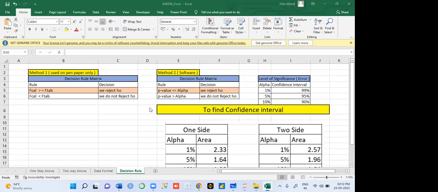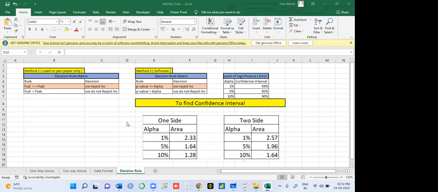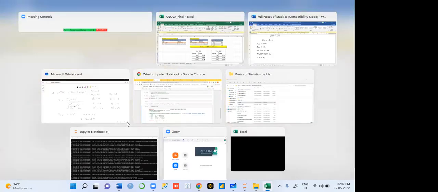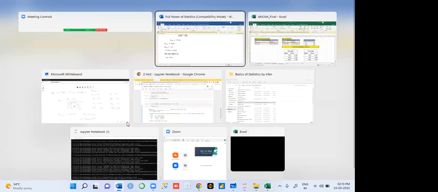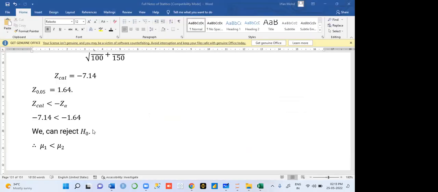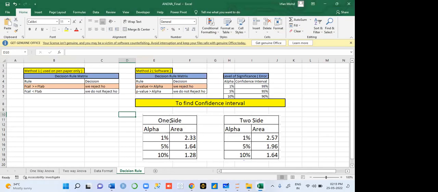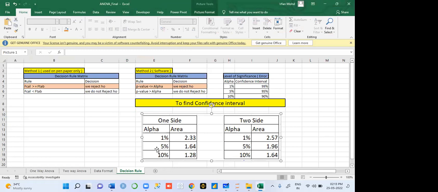Anisha, just cross-check the calculation. Now guys, is it one tail or two tail? It's one tail. What is the alpha value? 0.05. Now if you can see the screen, here we have one tail, meaning one-sided, alpha 5%. What is the value? 1.6.